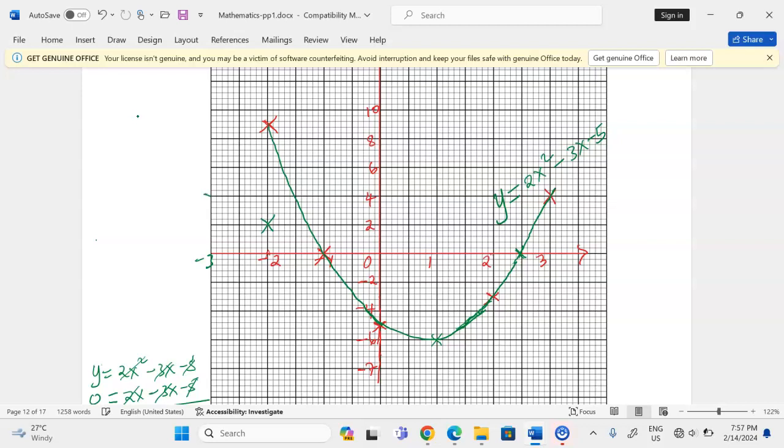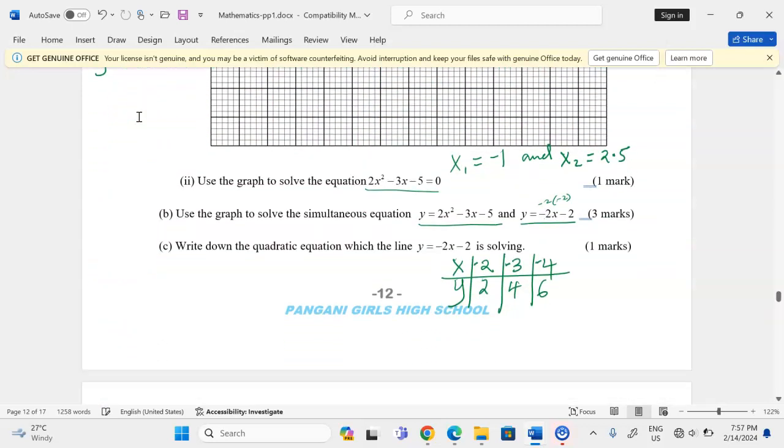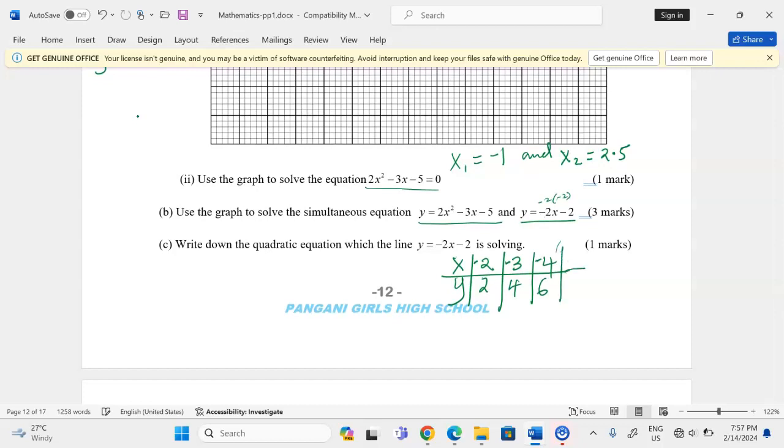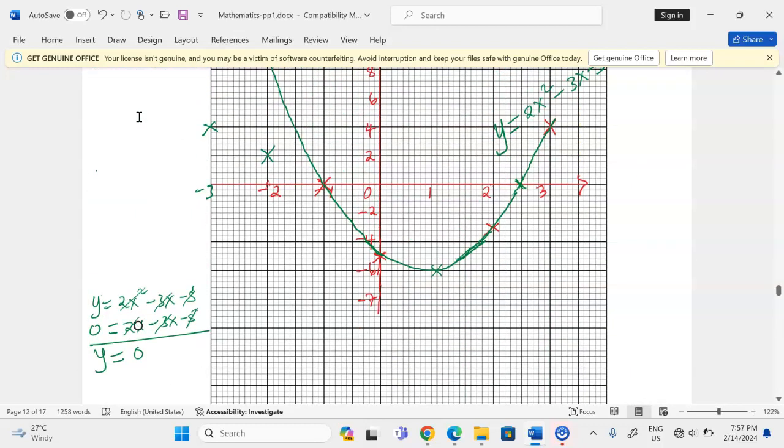That will give us 4. You can also go to -1. Let's check what -1 will give us. -1 is going to give us +2 minus 2, we get a 0. So -1, 0 means a point at this.